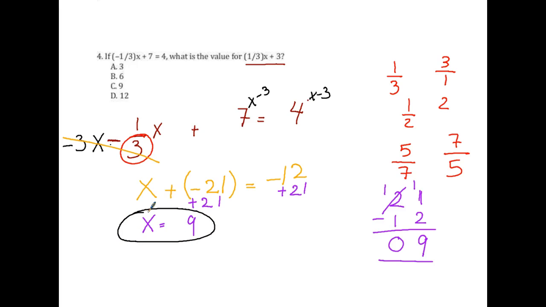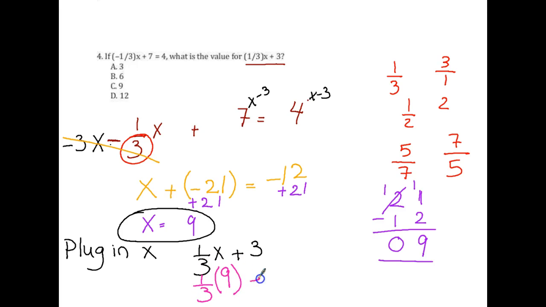Right? So now we need to plug in x in the expression they want us to calculate. So plug in that x in the second expression, which is 1/3 of x plus 3. So after you plug in x, you need 1/3 of 9 plus 3.